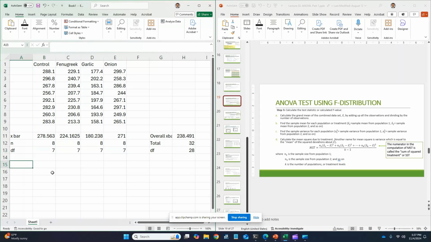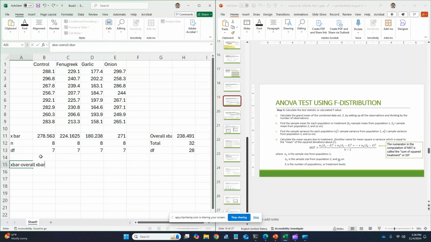Okay, now we can calculate x bar minus the overall x bar for the respective samples.